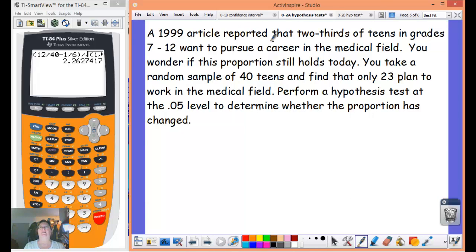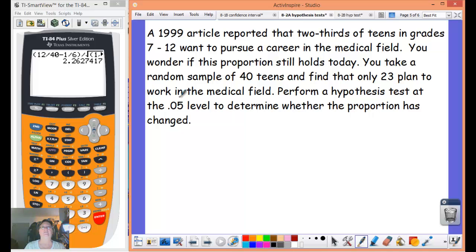In 1999, an article reported that 2/3 of the teens in grades 7 to 12 wanted to have a career in the medical field in some form. You wonder if this still is true today. So you take a random sample of 40 teens. You find that only 23 of yours plan to work in the medical field, which is shy of the 2/3. We want to perform a formal hypothesis test at the .05 level.